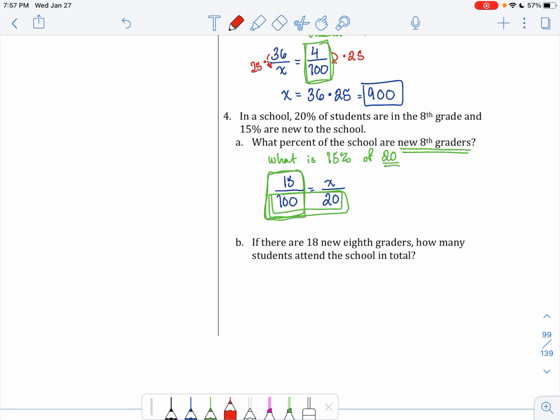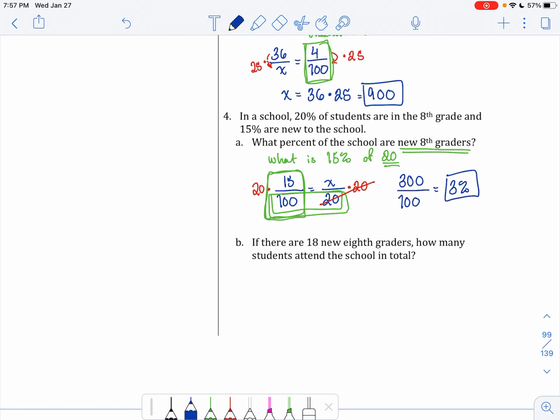And if we can do that, then we get a nice cross multiplying or solving problem. In this case, I'm just going to multiply both sides by 20 and simplify. Numerator and denominator, they cancel. 20 times 15 is 300 over 100, which means that 3% are new 8th graders.